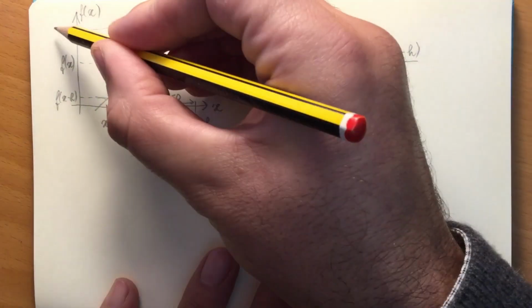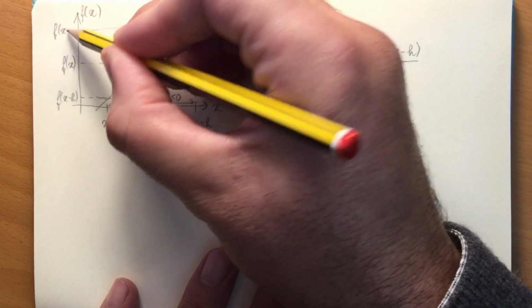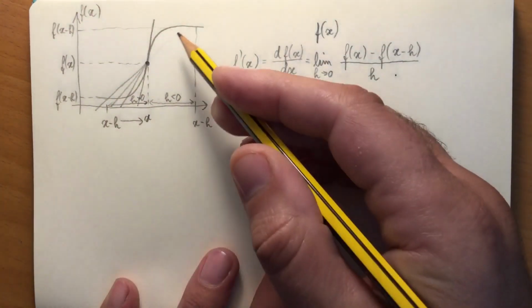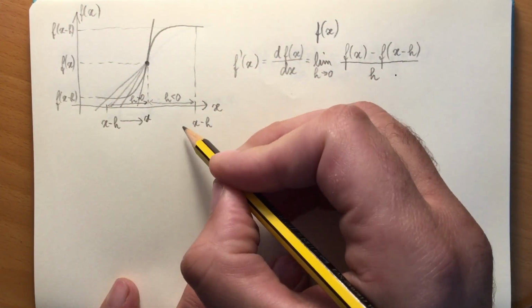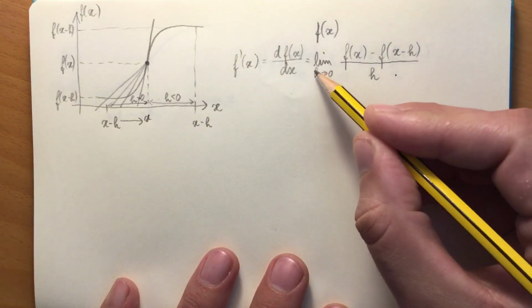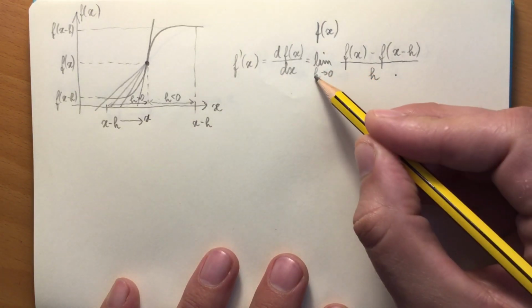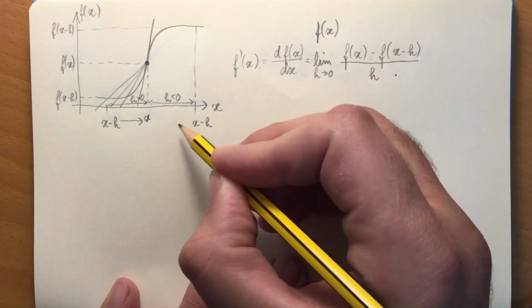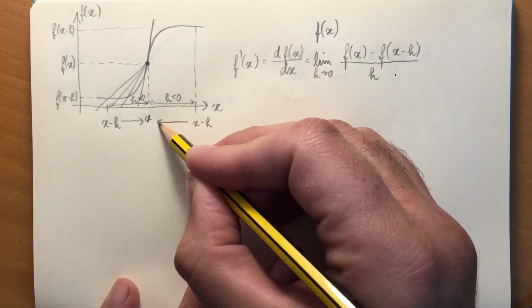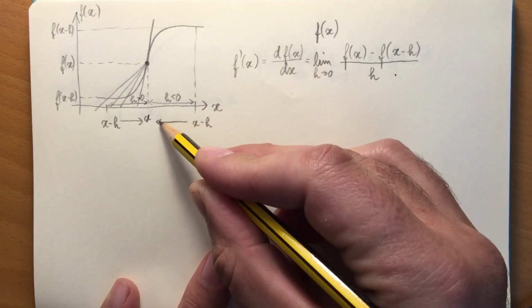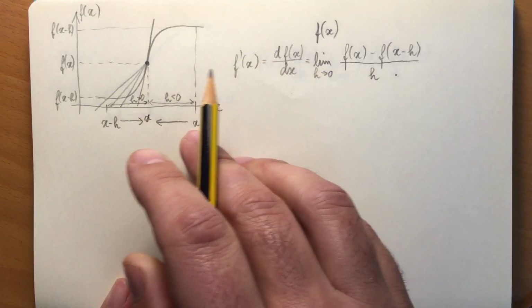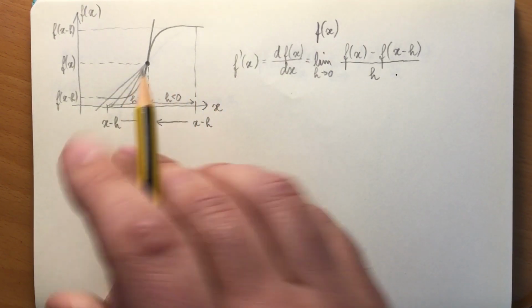Here I will have my f of x minus h when h is negative, and since h, which is less than 0, is approaching 0, then x minus h will approach x from the right.